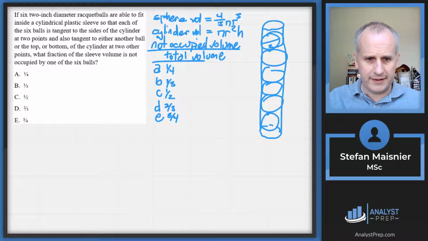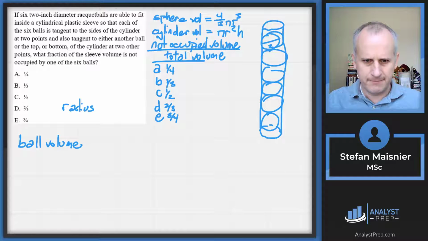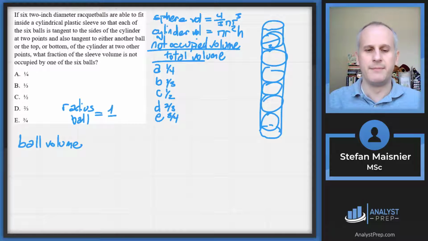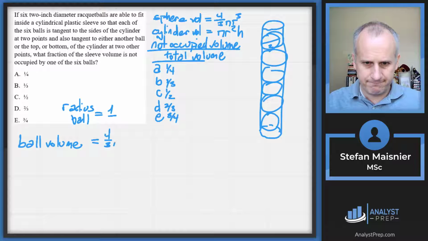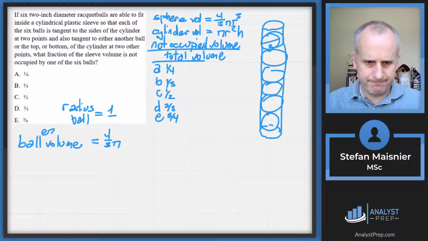So we know that the ball volume, because each of the diameters is 2, the radius of a ball is equal to half of that diameter, which is 1. So the ball volume is just going to be equal to 4/3 pi. So that's for each ball, of course.